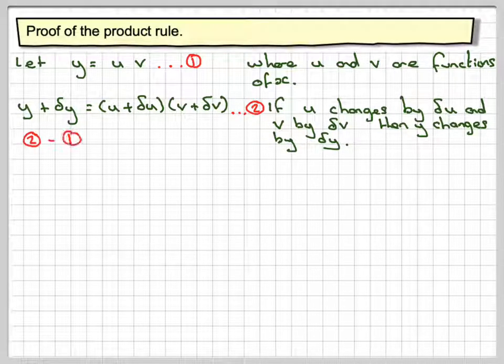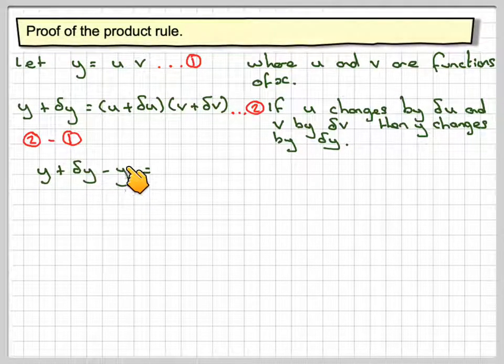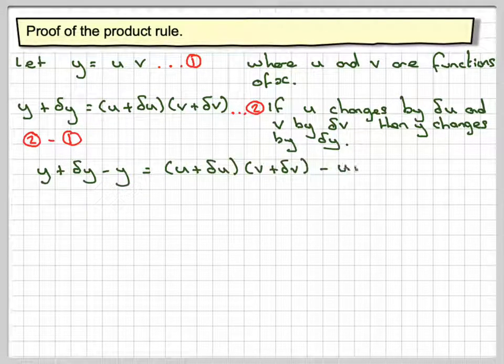Now if we do 2 take away 1, we have y plus delta y minus y is equal to u plus delta u times v plus delta v minus uv.